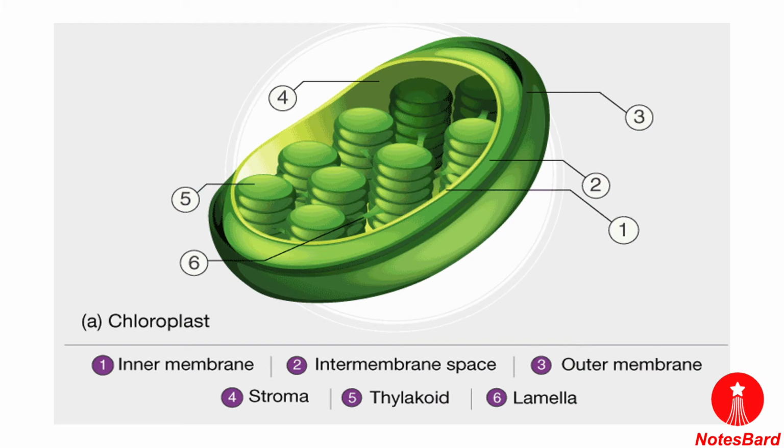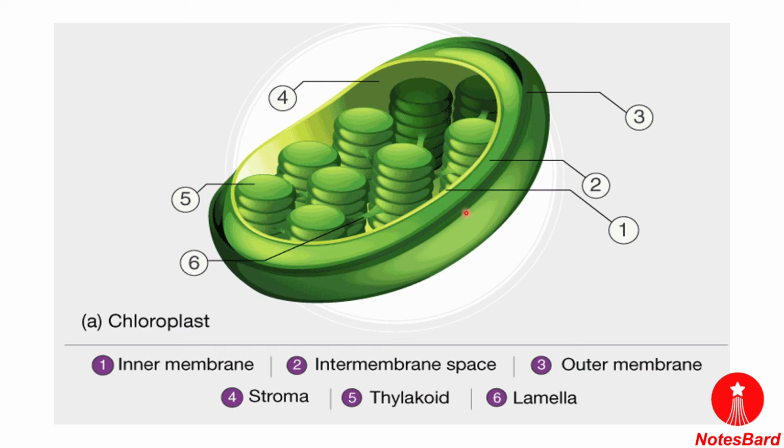Now we can see the labelings on the figure. The chloroplast is a type of plastid. The inner membrane is depicted here. There is an intermembrane space present between the inner membrane and the outer membrane.